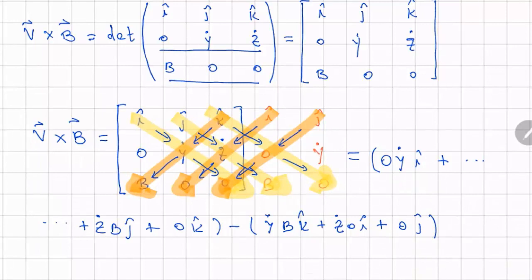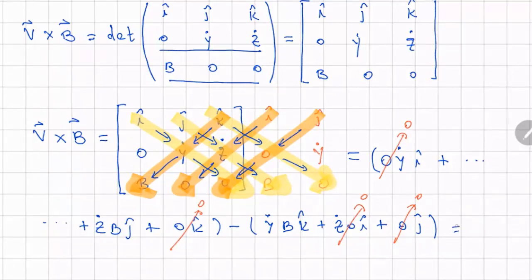Okay guys, so this term is 0, this one is 0, the ones multiplying 0 are 0, this is 0, obviously this is 0, and this is 0.